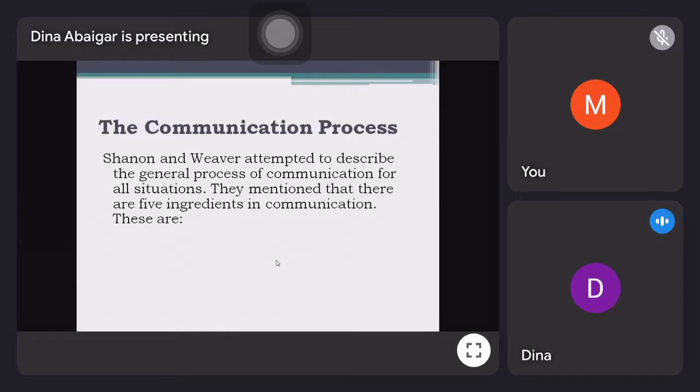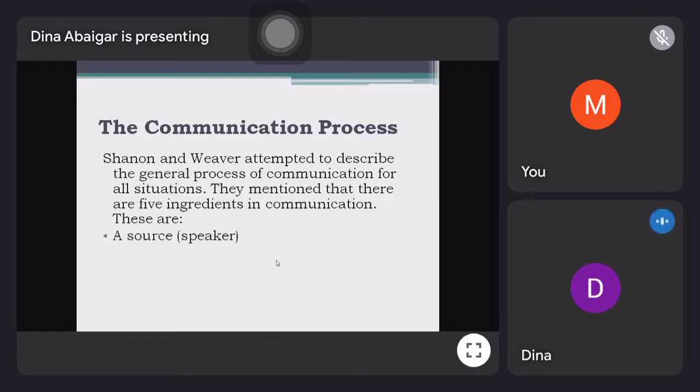The communication process. Shannon and Weaver attempted to describe the general process of communication for all situations. They mentioned that there are five ingredients in communication.